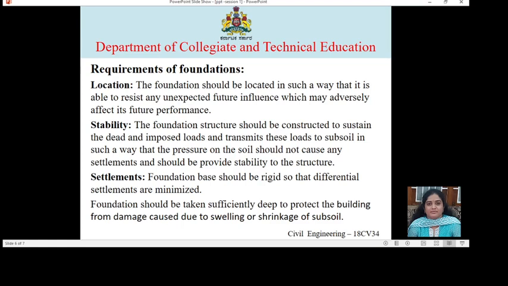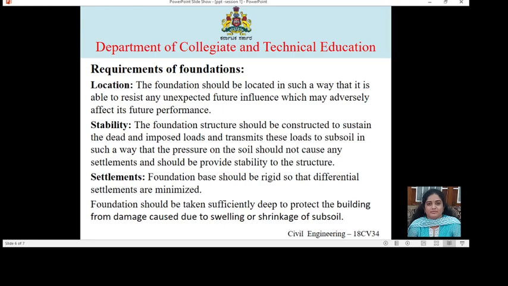First is location. The foundation should be located in such a way that it is able to resist any unexpected future influence which may adversely affect the future performance. That may be because of a rise in the water table, or due to earthquakes or any other influence on the soil condition.